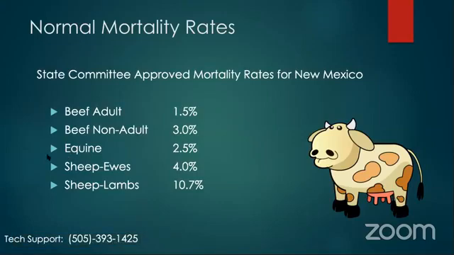But they've got to cross this normal mortality percentage threshold before we can actually offer payment. So I do stress to people, report your losses, because we may not be able to pay you for your first loss, but then after we get past those first 2 cows, or whatever it may be, then we can start providing some compensation. Next slide, please.